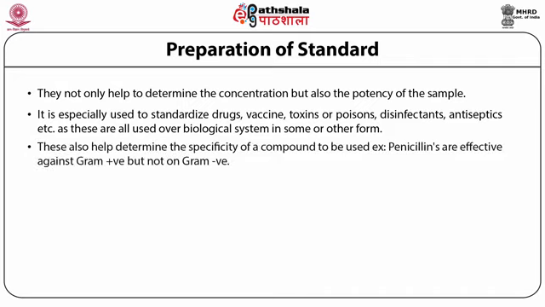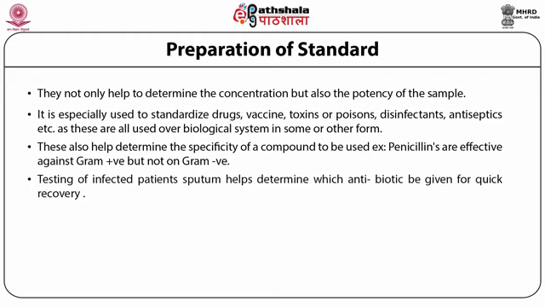These also help to determine the specificity of a compound to be used. For example, penicillins are effective against gram-positive but not gram-negative bacteria. Testing of infected patient sputum helps determine which antibiotic to be given for quick recovery.